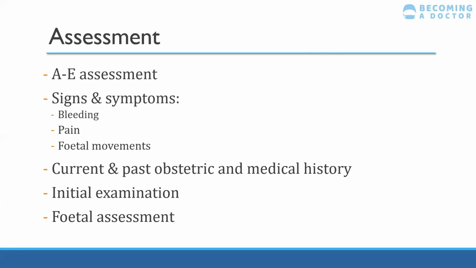But if you know the placenta is far away from the cervix from previous scans, and you think the patient might be in labour, then you can do a vaginal examination, and this allows you to feel for cervical dilatation and texture as well.